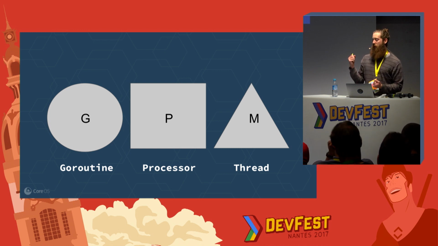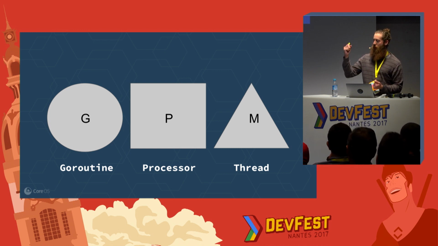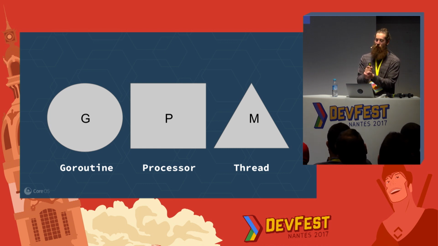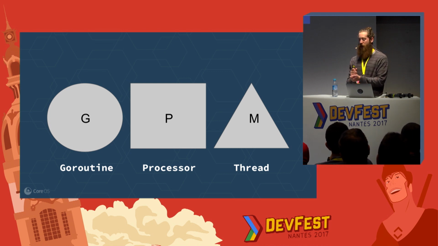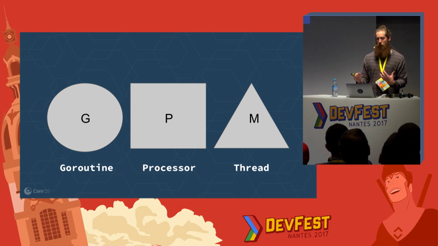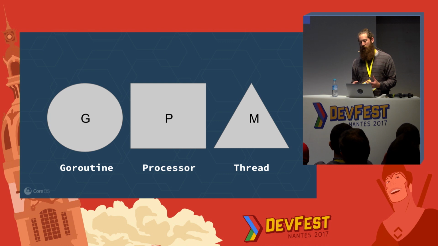So the way the scheduler works is an M will grab a processor context. That processor will have a list of Goroutines that are attached to it. So there's a list of Goroutines on each processor and a global list of Goroutines as well. When an M grabs the context of the processor, it starts pulling off and running these Goroutines. There's also the concept of Goroutine stealing.